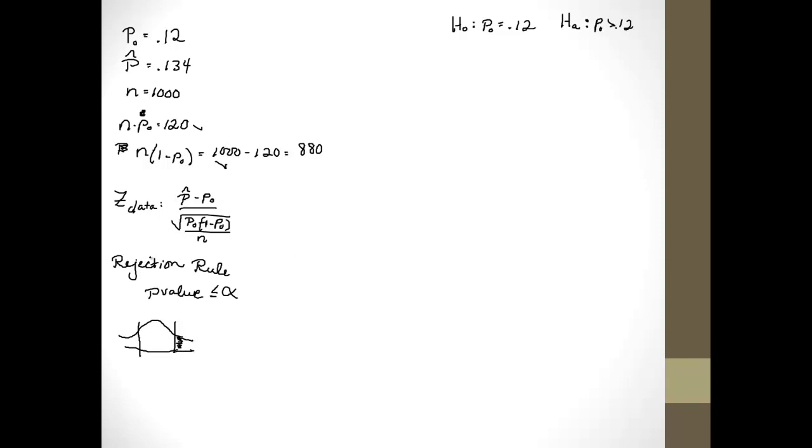So we need to get our z data. p hat, 0.134, minus p0, 0.12, divided by the square root of 0.12 times 0.88 divided by 1,000.